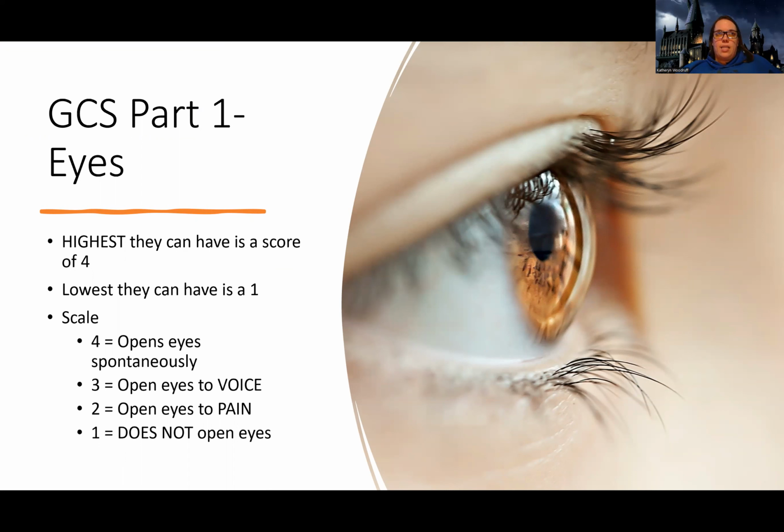If at one point they were doing one thing and at another point they were doing another, I will grade them on the best that I saw them do. So opens eyes spontaneously, a score of 4, would be if I walked into a patient's room and they turned and looked at me.